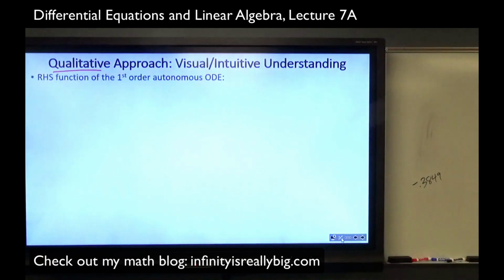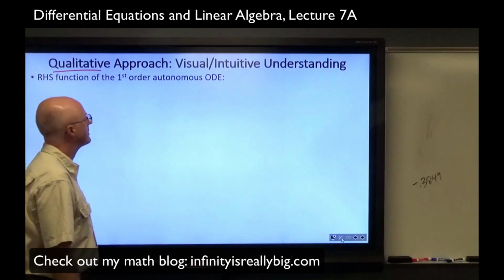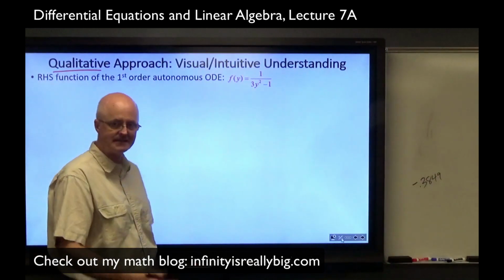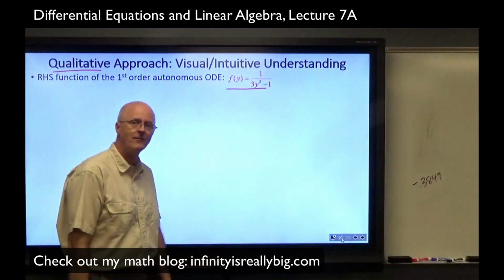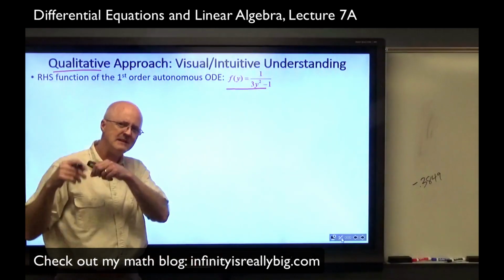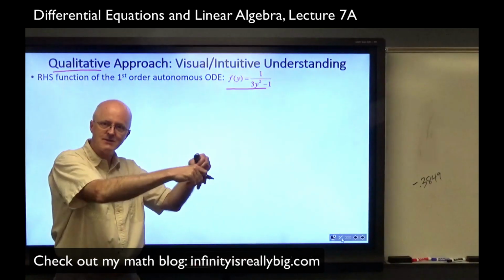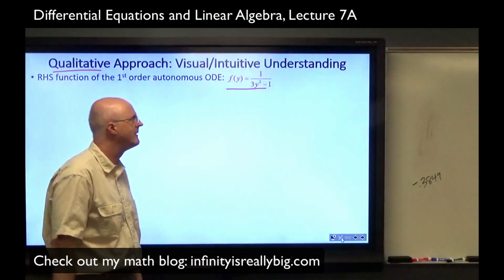The right-hand side function for the first order autonomous ODE, the example we've been thinking about here, remember, is this function right here. Remember that was the right-hand side? The equation was dy dt equals 1 over 3y squared minus 1, and we separated variables.